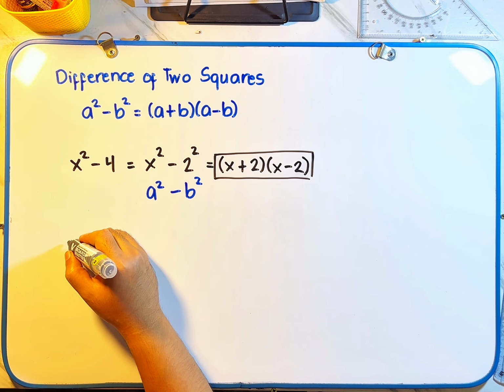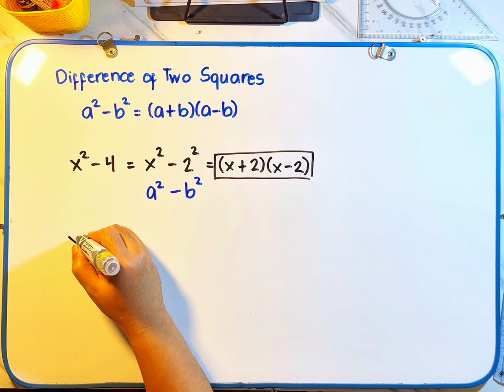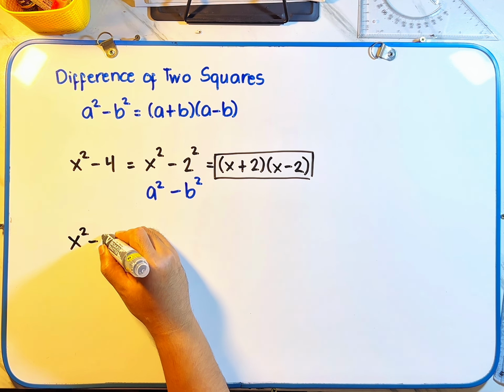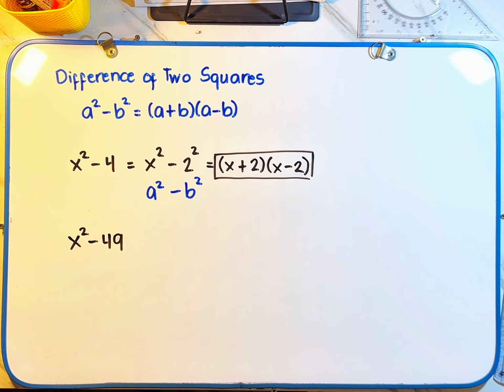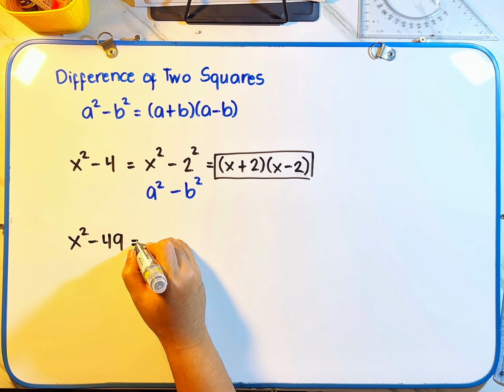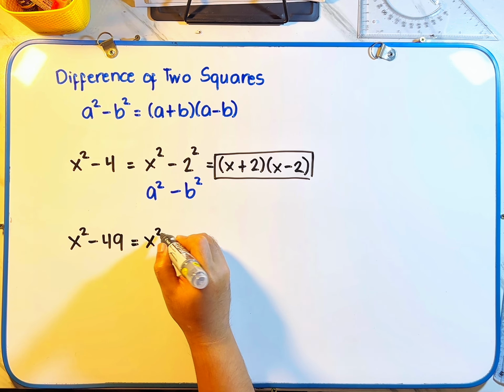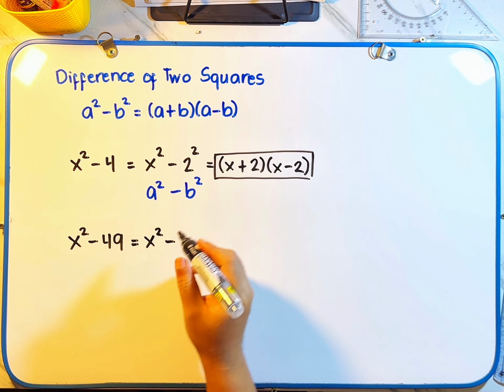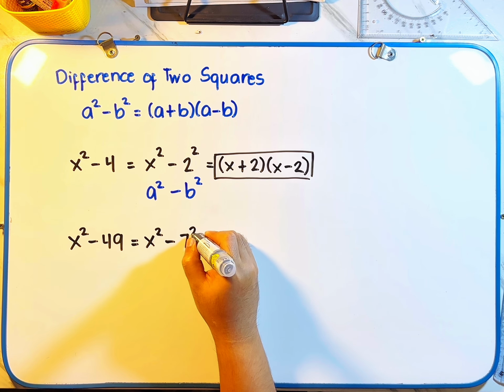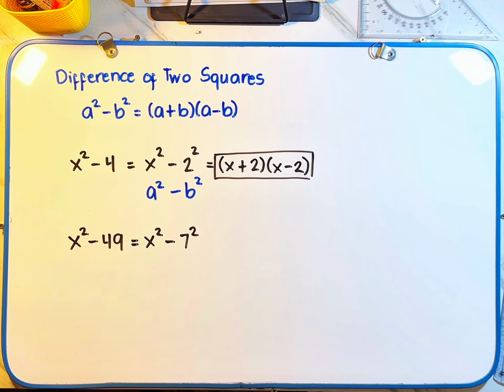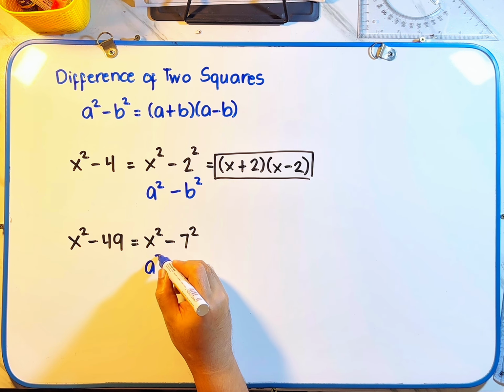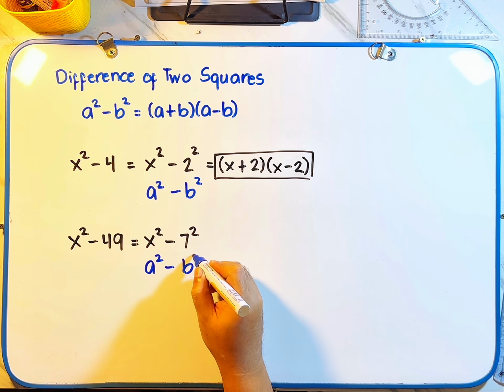Next, let's say factor x squared minus 49. Okay? Both of them are squares because we have x squared minus, and then 49 is 7 squared. Again, this is in the form of a squared minus b squared.